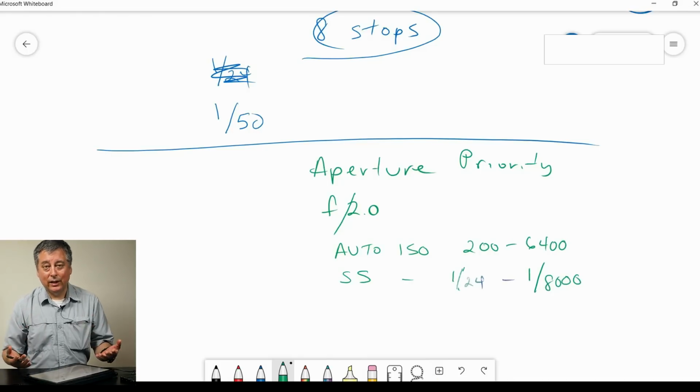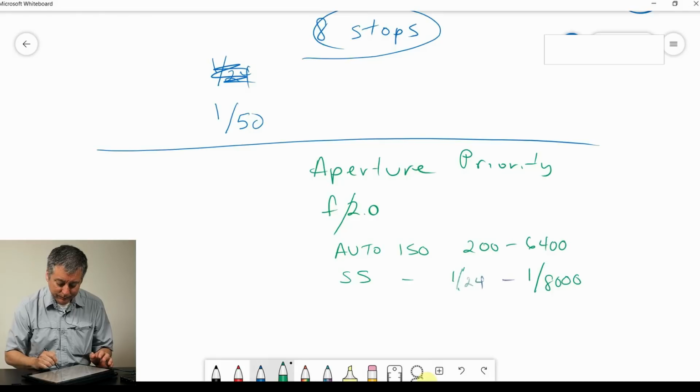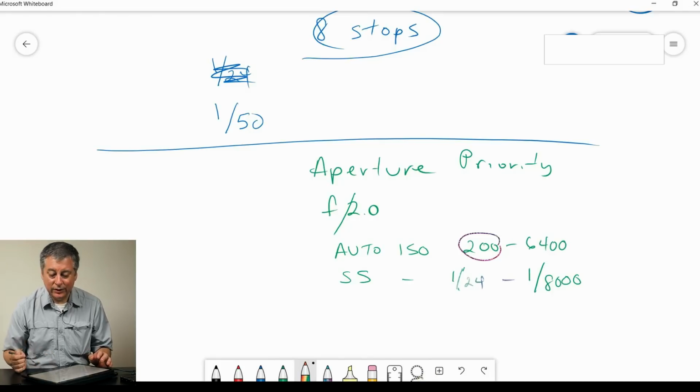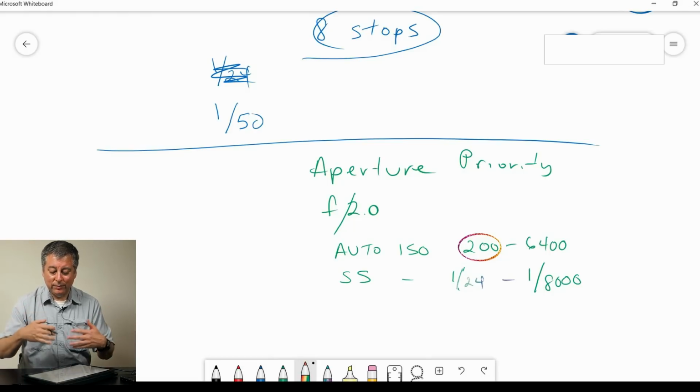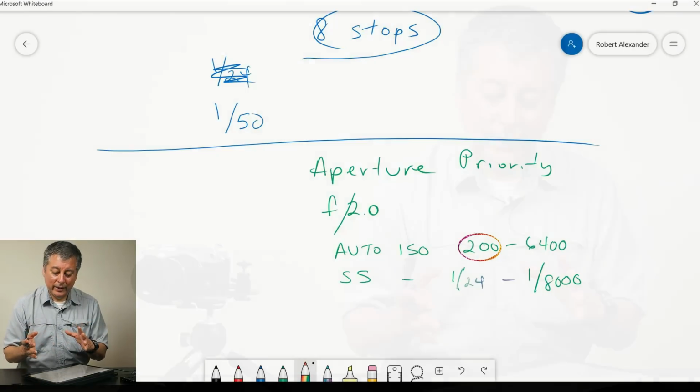And if you're in good light, generally you're always going to be in ISO 200 anyway. Outdoors, ISO 200, and your shutter speed's going to be probably 1/100th, 1/200th anyway. And that's not too bad, as long as you get to choose the aperture and you have that creative effect.